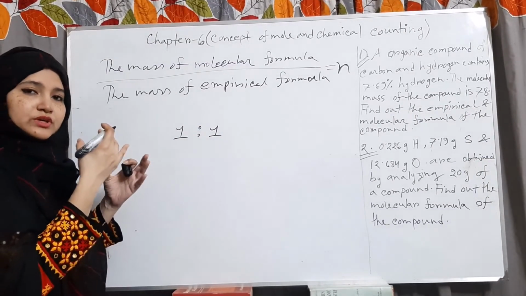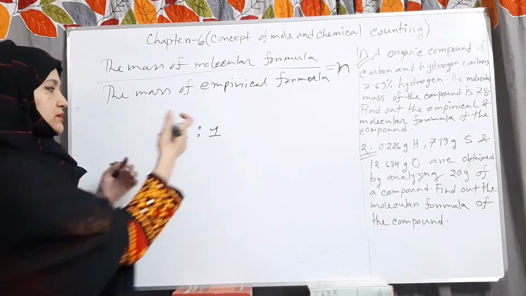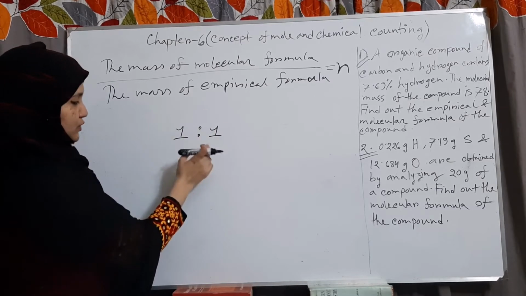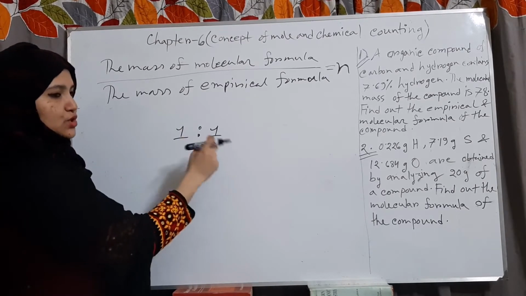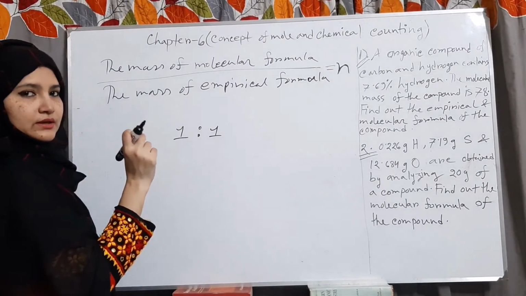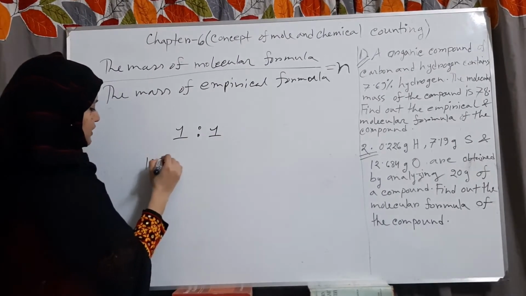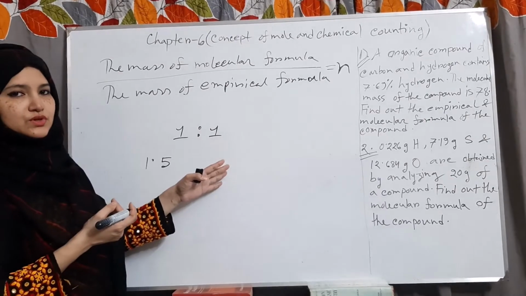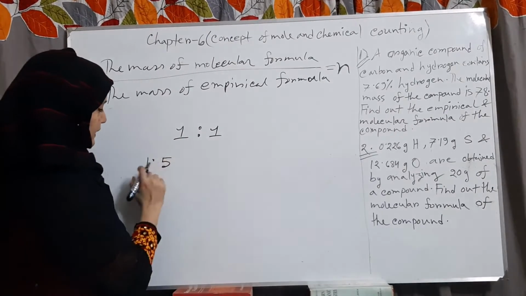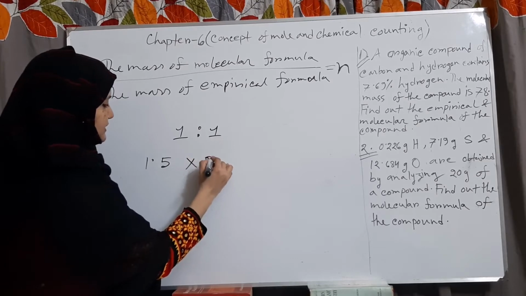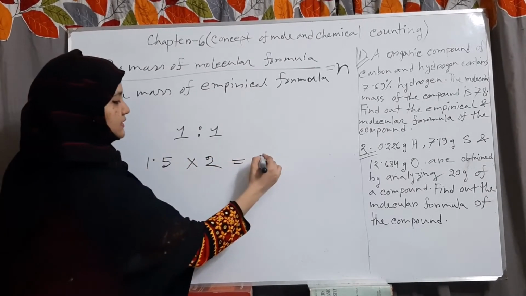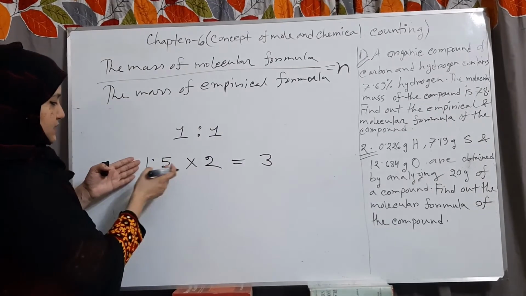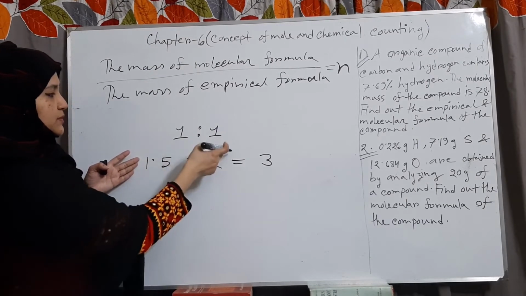But if we get a fraction number, then you have to multiply the numbers to get a whole number. Suppose we have 1.5 carbons. Then we have to multiply by 2 to get a whole number. And if we multiply this fraction, then we also have to multiply the other numbers.